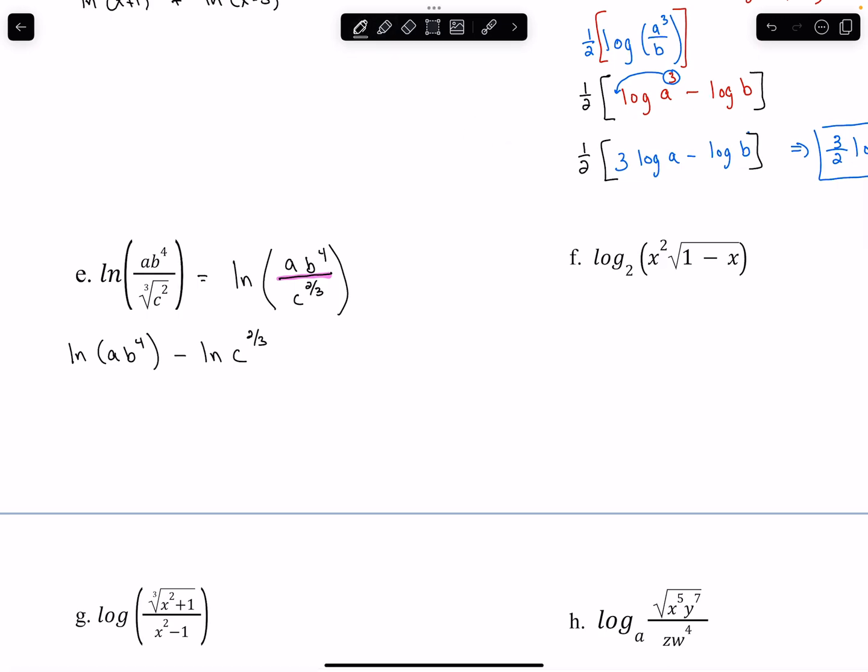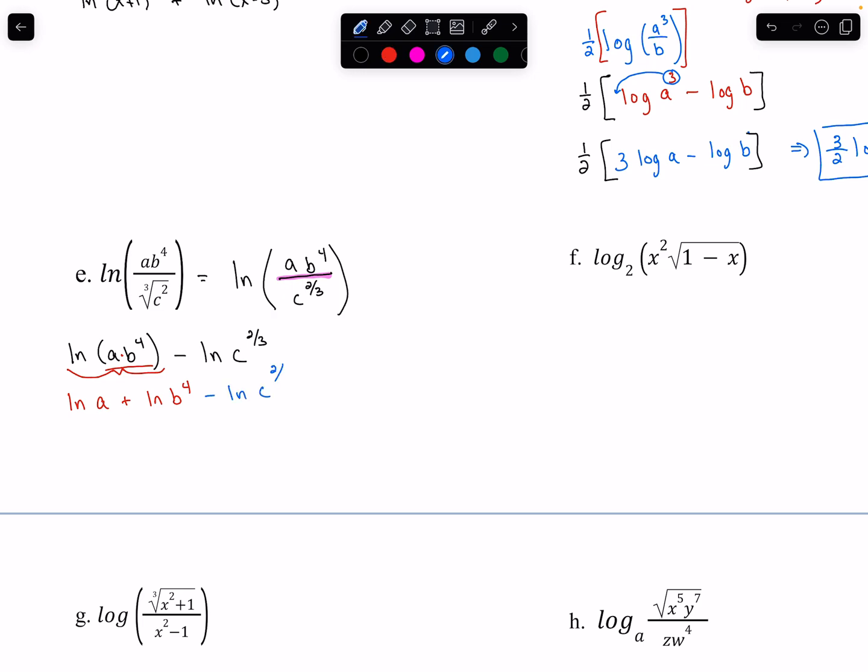Couple things going on. Well, in this one, I still have a product here. So I could break this down again. So I have ln, natural log of a, plus natural log of b to the 4th. That's what all this is going to break down into. And minus my natural log of c to 2/3.